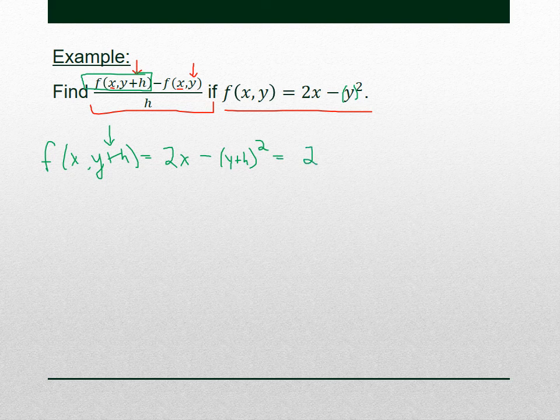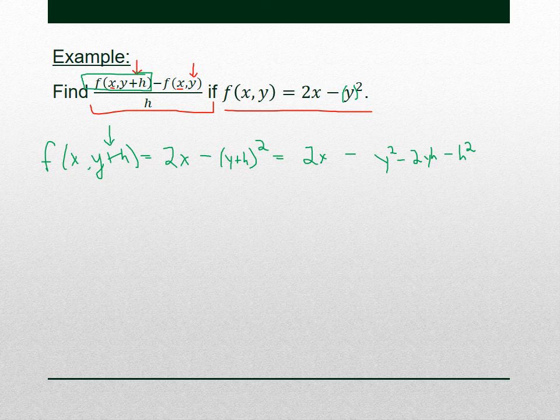We know we're going to need to simplify some things, so let's go ahead and expand that squared guy out and see what we get. So we get 2x still, and then minus y plus h squared is y squared plus 2 times y h plus h squared. And if you don't believe me, go ahead and double check it. Now I want to distribute this negative sign through because I know I'm going to want to do that.